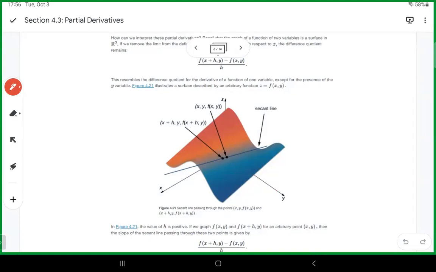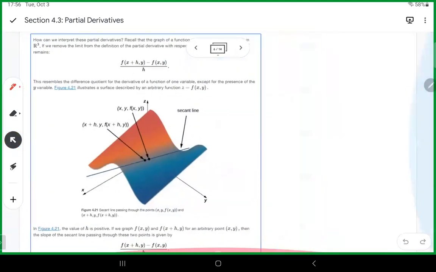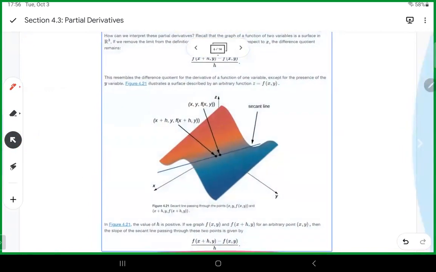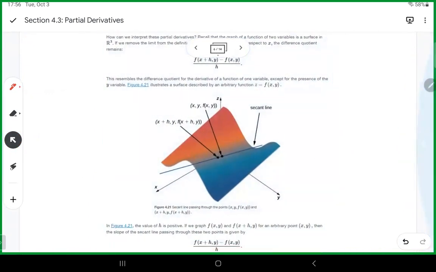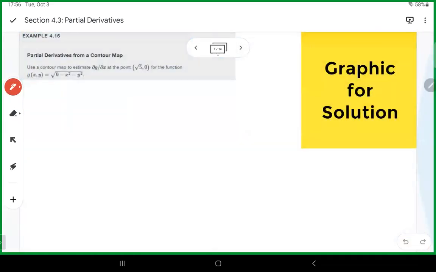All right, so this was just some notes that I thought were kind of beneficial. You can see them in the textbook, but you will also have them on the PDF of this. You don't have to worry about writing it down right now.